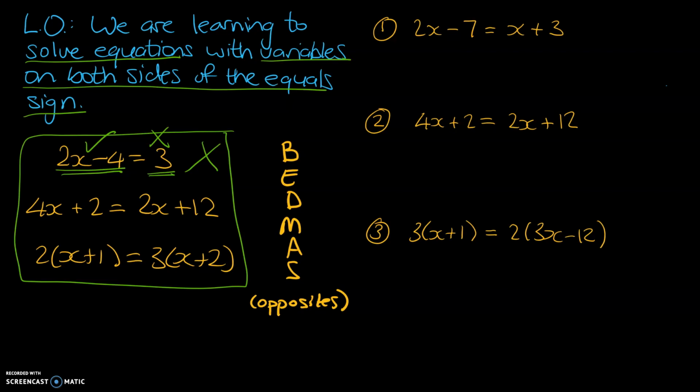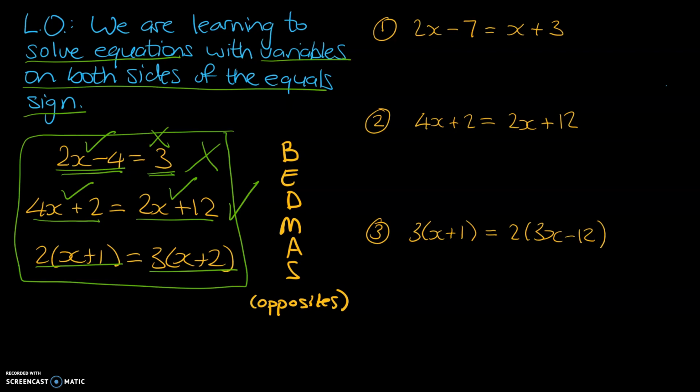The next question, we've got 4x plus 2 on the left-hand side. We have 2x plus 12 on the right-hand side. There is an x on the left, and there is an x on the right, which means that is an example of an equation with variables on both sides of the equal sign. And the last question, we've got 2 in brackets x plus 1 is equal to 3, and then in brackets x plus 2.